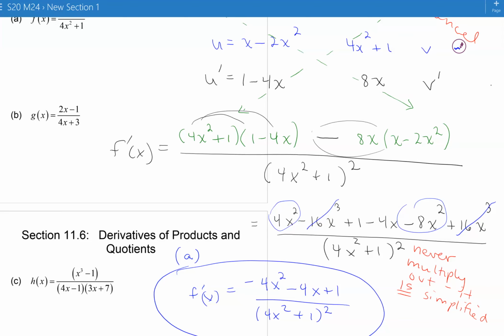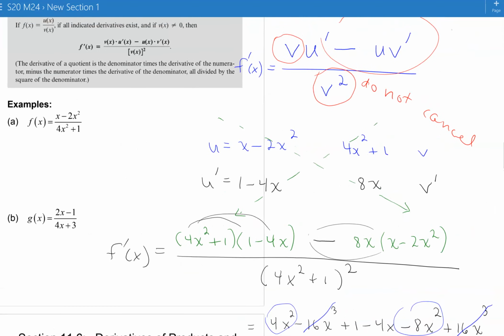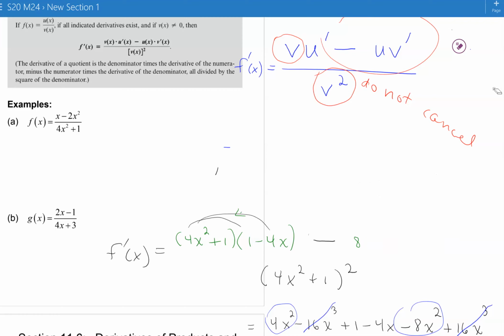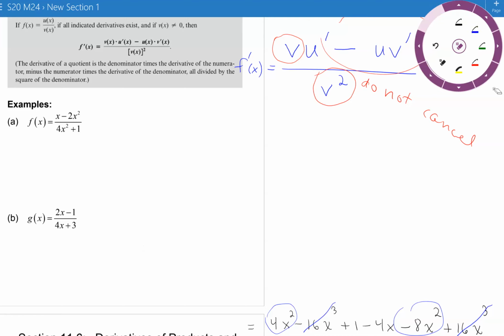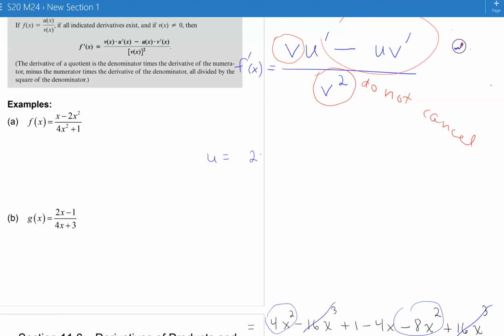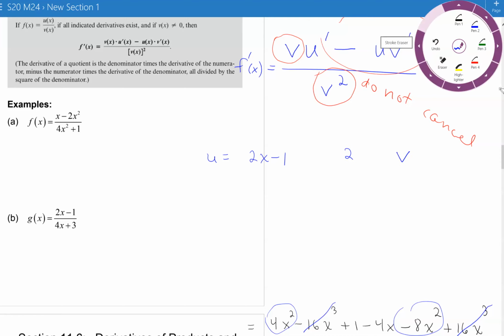Okay, so let's do example B. And we're going to do the same setup where we have u, the top function, is 2x minus 1. And v, the bottom function, is 4x plus 3.